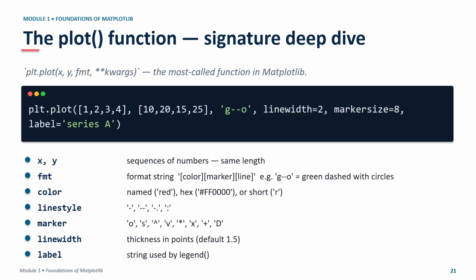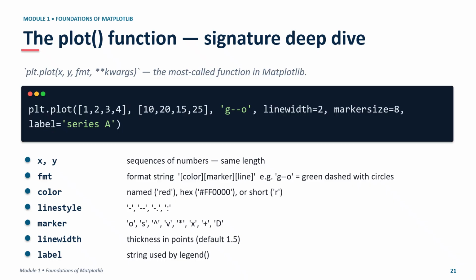So here is the example in code: plt.plot([1, 2, 3, 4], [10, 20, 15, 25], 'g--o', linewidth=2, markersize=8, label='Series A'). Here g-- is green dashed, and the circle is indicated by o.